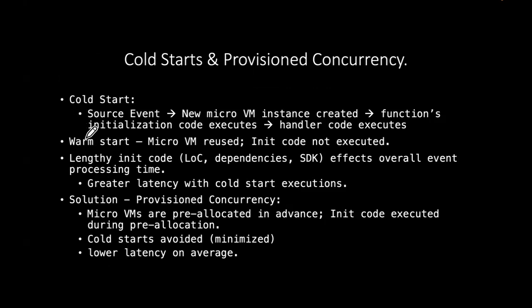Clearly, the warm start execution is going to be faster than the cold start because the initialization code doesn't have to execute. So there is less latency associated with warm start executions than there is with cold starts. And that latency can be significant. If the initialization code has to establish a number of connections to external services, that is obviously time consuming.